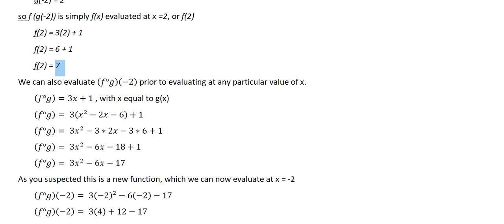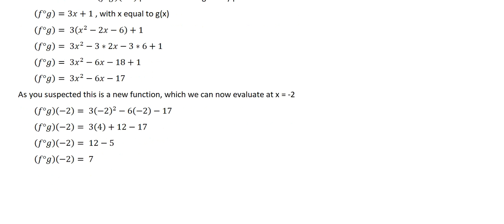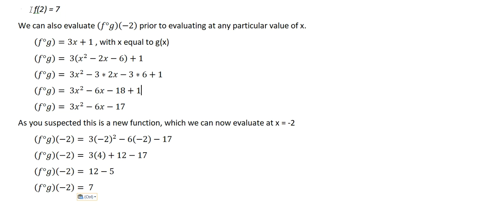All right, but now we're going to handle this algebraically, and we're going to see if we come out with the same result. We can also evaluate this composition of f and g prior to evaluating any particular value of x.